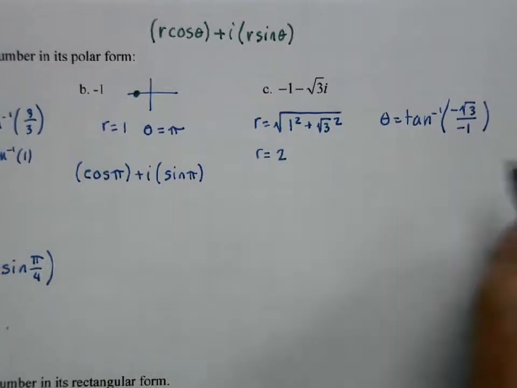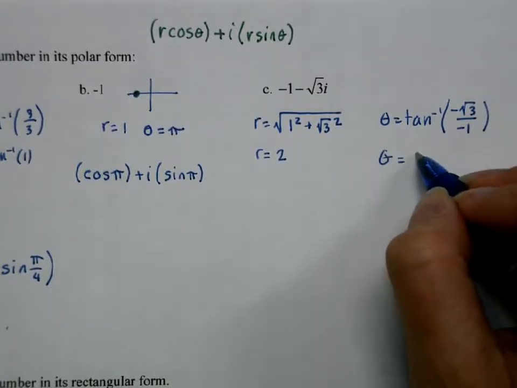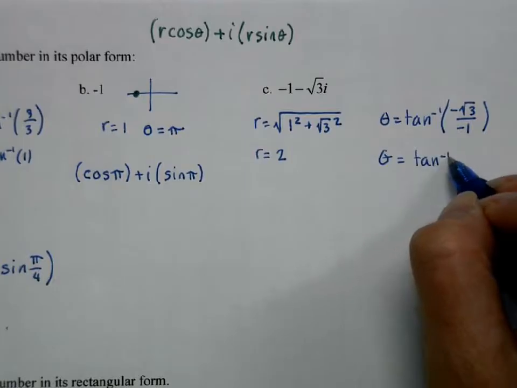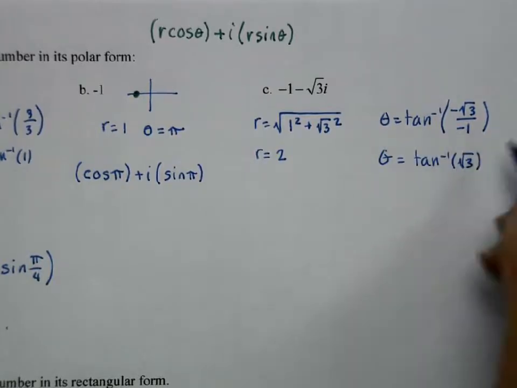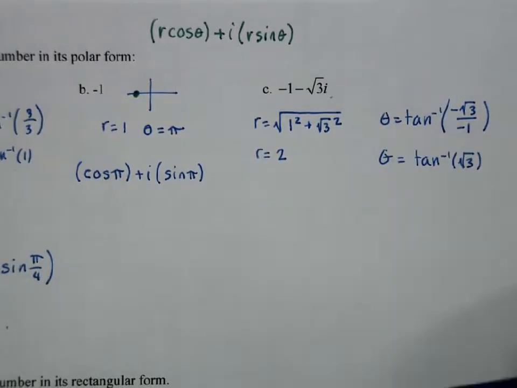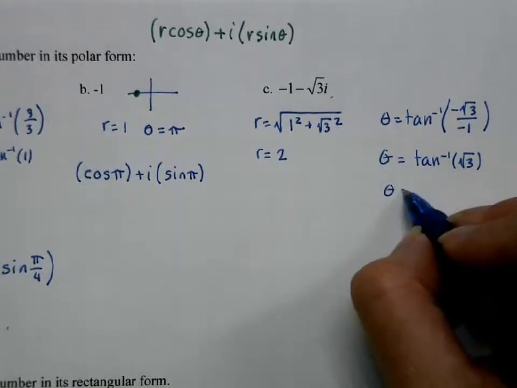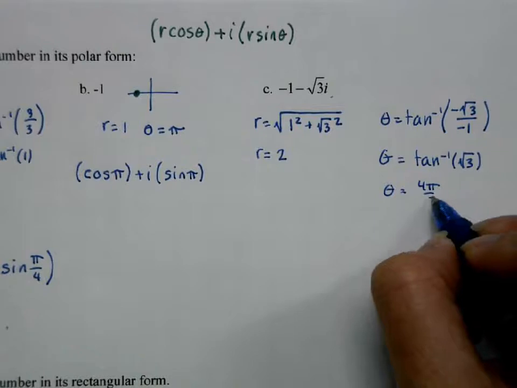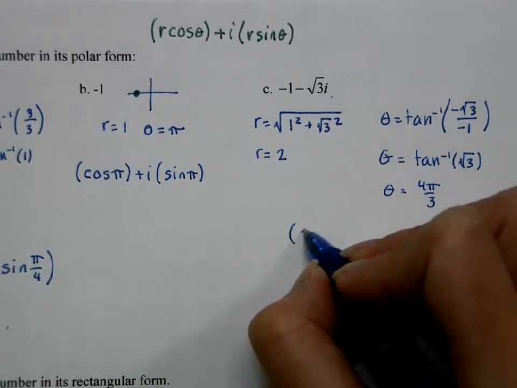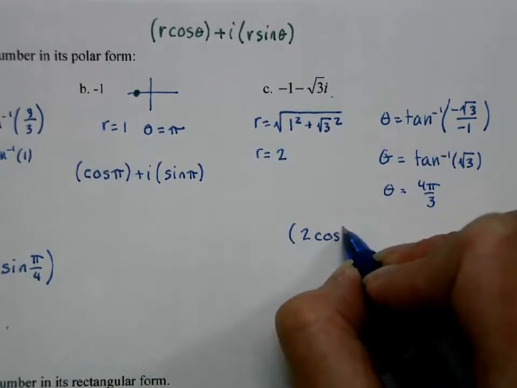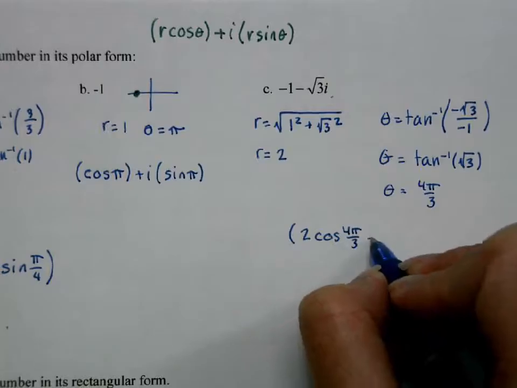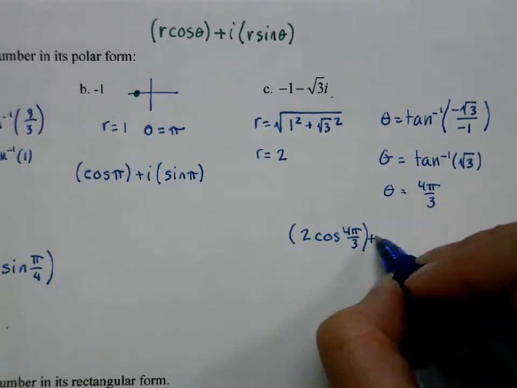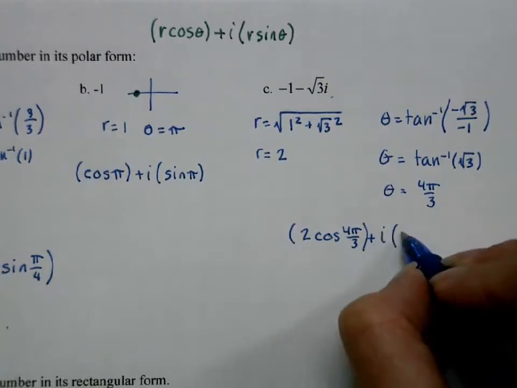So we're looking for tangent inverse of positive root 3 in the third quadrant, which will be down at 4 pi over 3. So put it in our structure, 2 cosine 4 pi over 3 plus i, 2 sine 4 pi over 3.